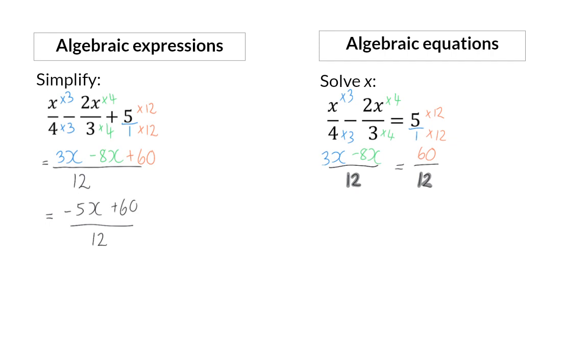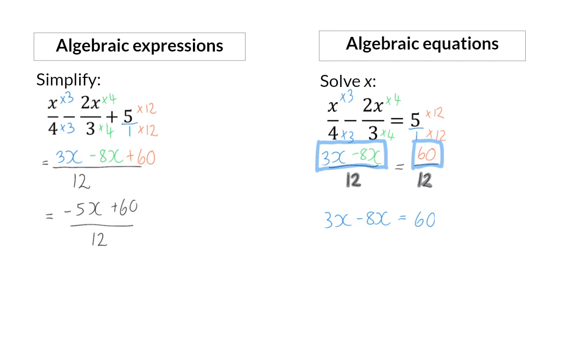So I can make the conclusion that the numerator on the left-hand side should also be equal to the numerator on the right-hand side. This means that in my next step, I can say that 3x minus 8x is equal to 60.